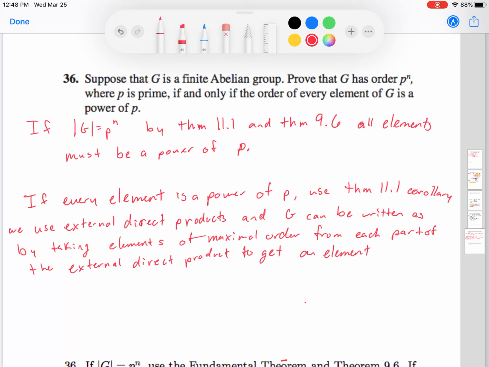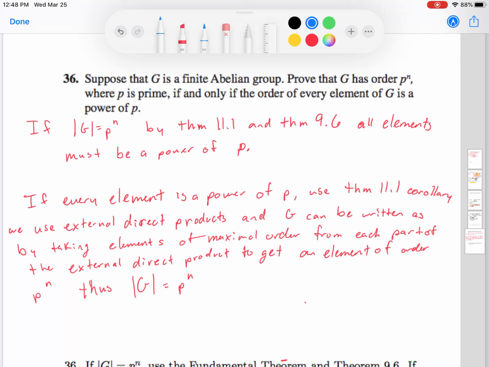To get an element of order p to the n, thus the order of G is p to the n.